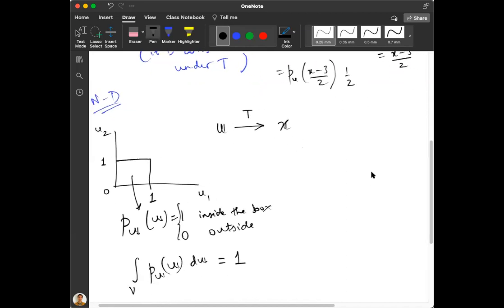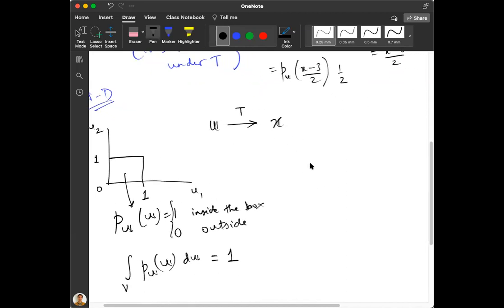It's the same exercise. I can shift it, I can rotate it, I can move it to some other shape. This is my x1, this is my x2, and again my probability mass will be conserved.